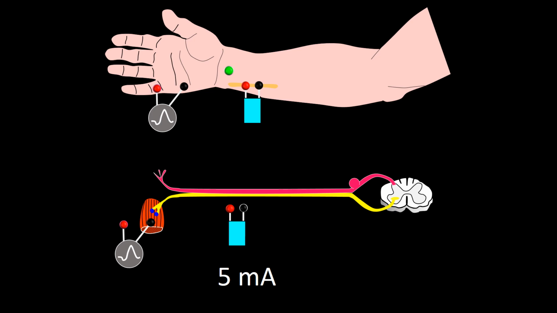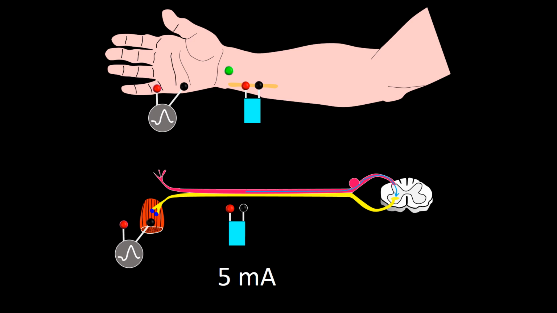In order to trigger the H wave, the stimulator is turned so that the cathode faces proximally, and the stimulus, in order to be effective, needs to be low intensity and of long duration. This way, the 1A fibers will be preferentially stimulated and the motor fibers will not, hence avoiding an M wave.